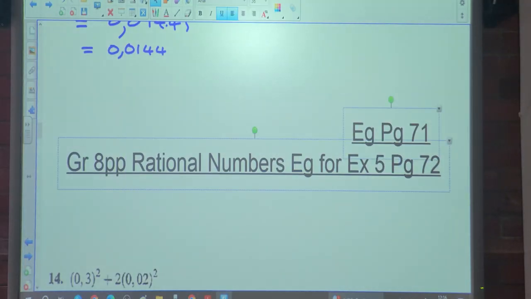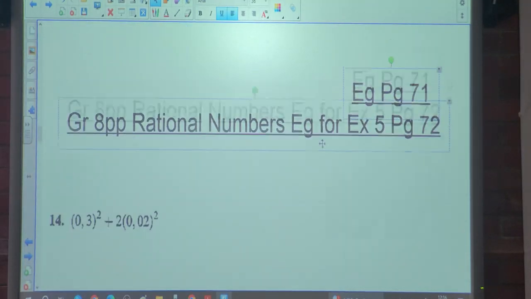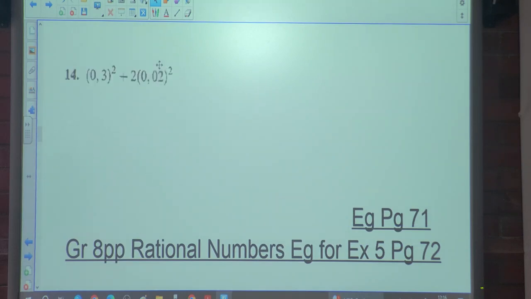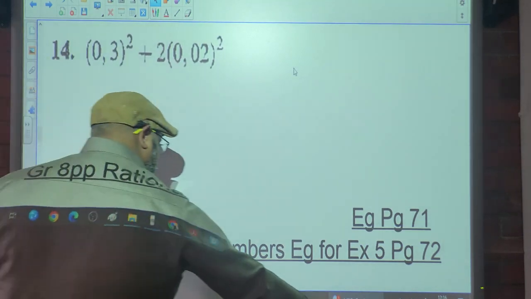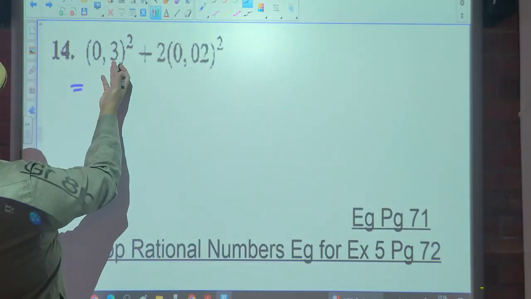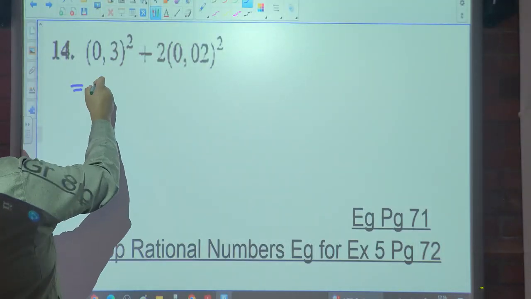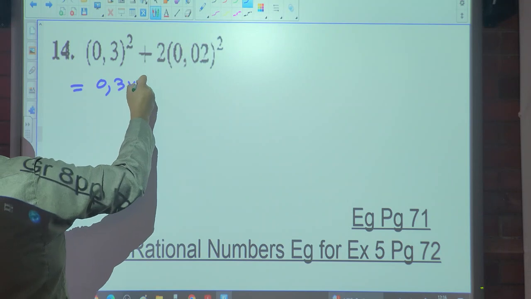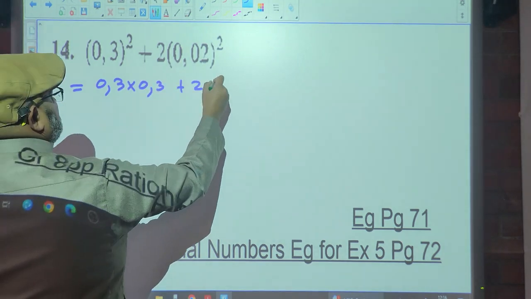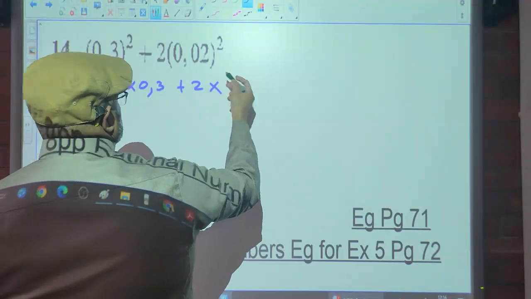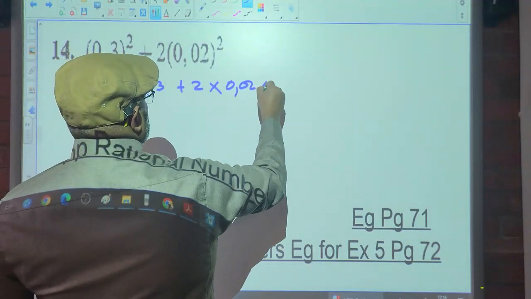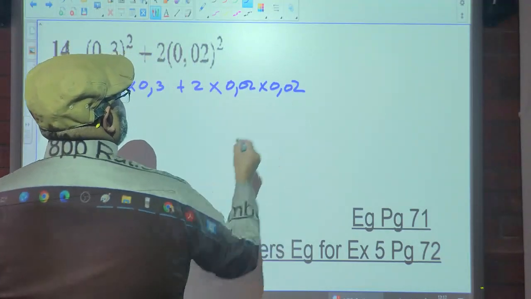Number 14. Second last one. So let's do the numbers first. We know that's going to be 0,09. If you didn't know that, 0,3 multiplied by 0,3, plus 2 multiplied by 0,004, which in other words is 0,02 times 0,02.